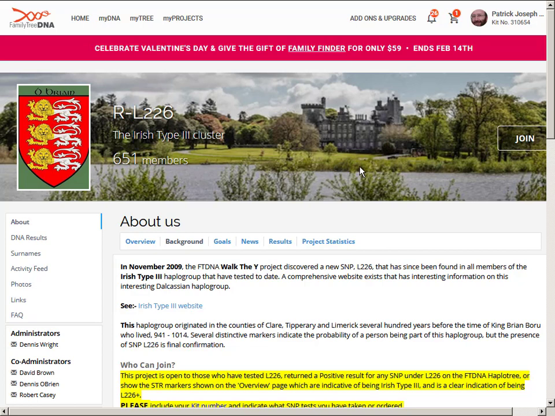And the lovely thing about this L226 project and the O'Brien surname project is we have the present Lord Inchiquin, Conor O'Brien, who still lives beside Dromoland Castle, and he has an unbroken pedigree going back about 32 generations to Brian Boru, and he was one of the early enthusiastic adopters of Y-DNA analysis and has been very supportive of these projects.